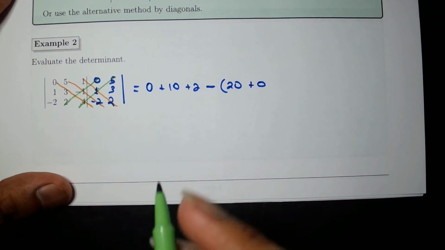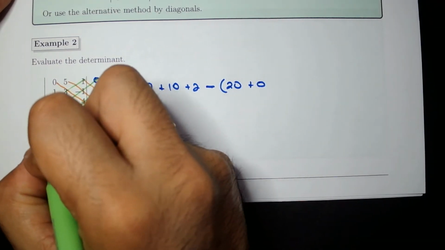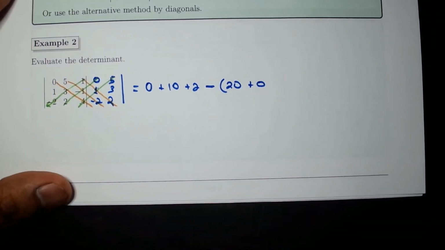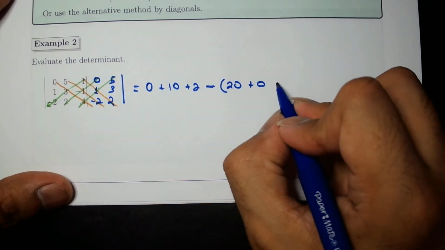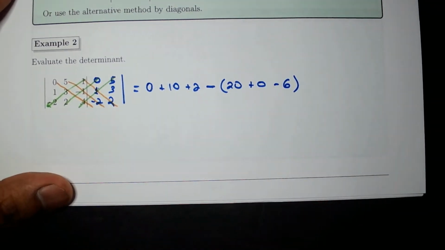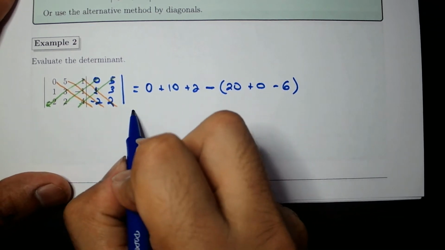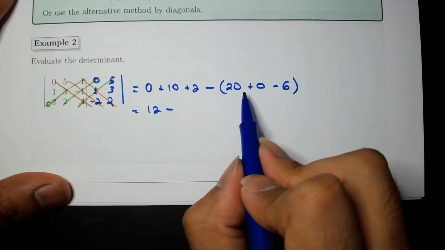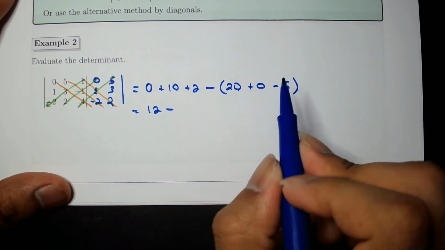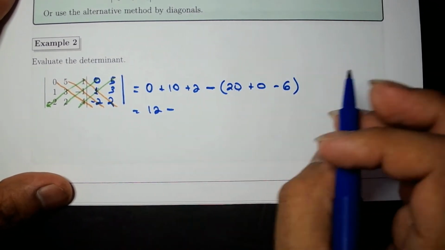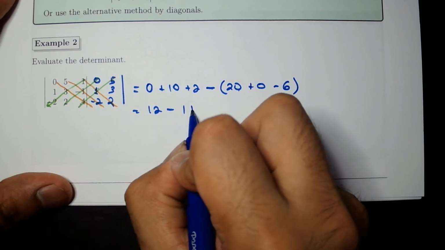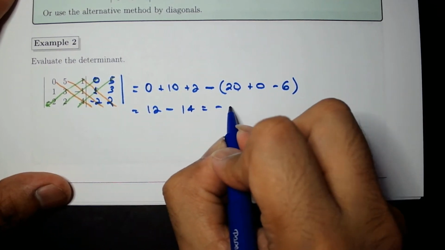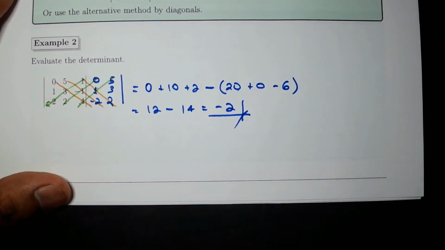And last but not least, 1 times 3 times -2, that's -6. Now we simplify these quantities. 0 plus 10 is 10, plus 2 is 12, minus 20 plus 0 minus 6, that's going to give us -4, that's 14 in total. And 12 minus 14 equals -2.